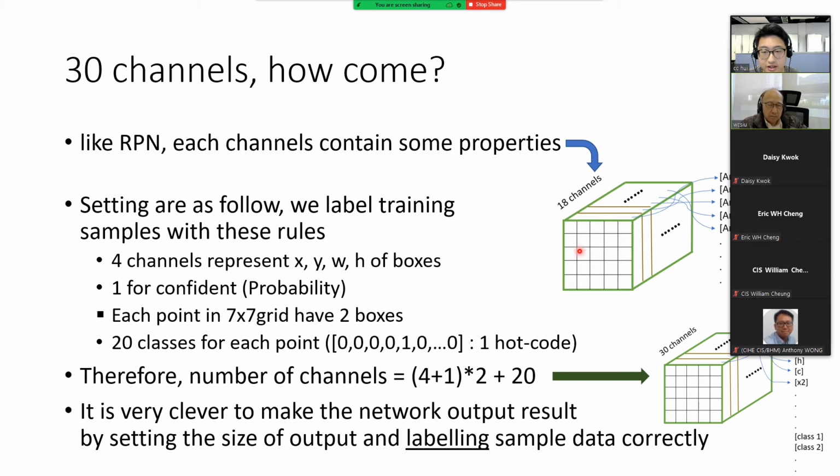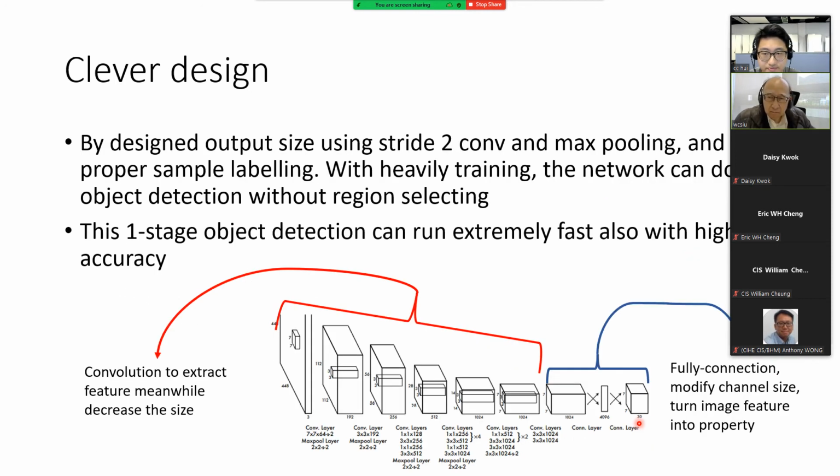So each point can only detect one object. It's a very clever design that makes the network output look like this. And with properly labeled samples, we can train it to do object detection.